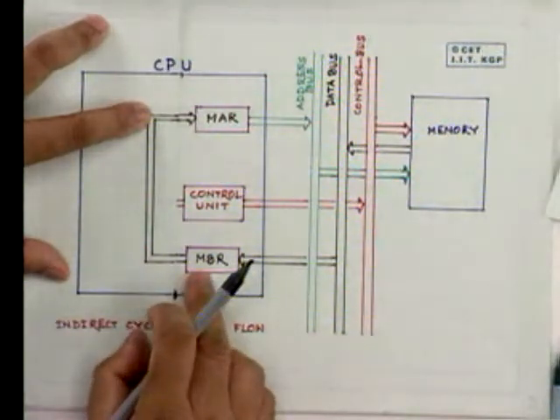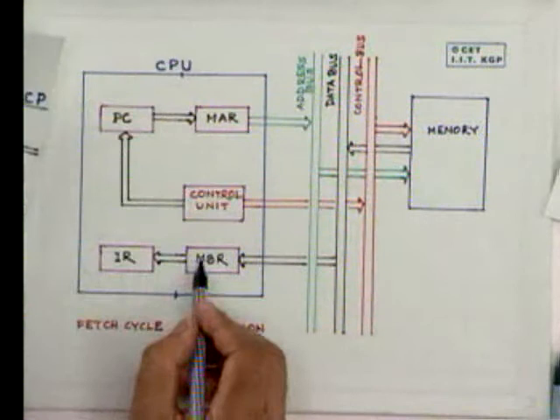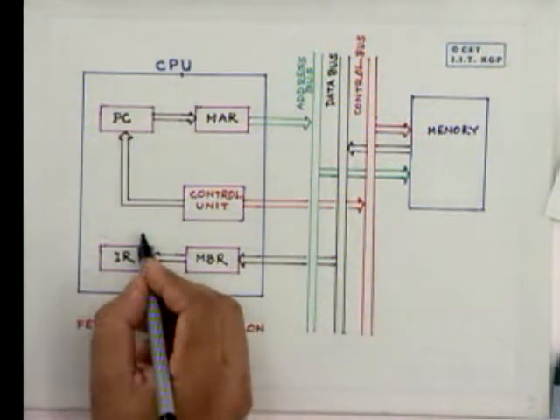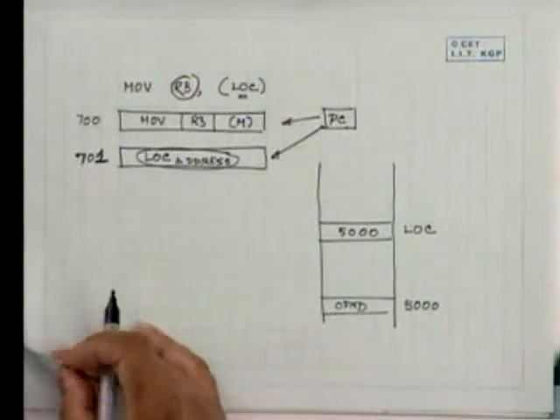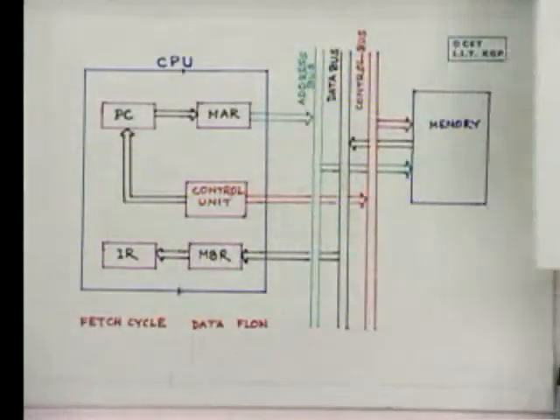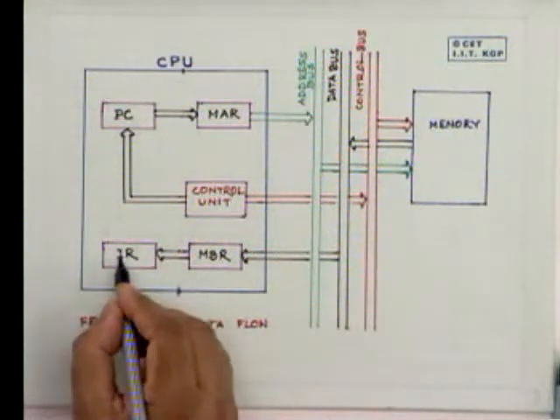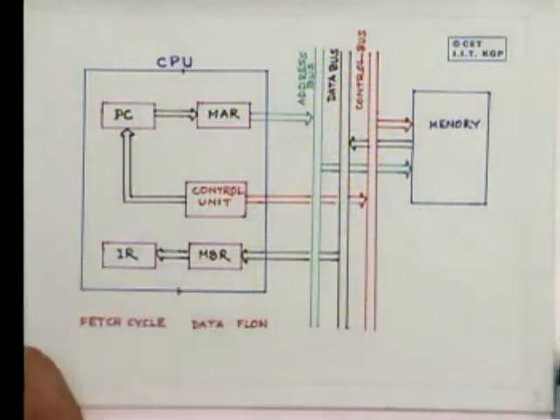Now, if this operand has to go to the register that has been told to be the destination, which is R3 here, then instead of the MBR going to our instruction register, the content of MBR should be channeled into R3.